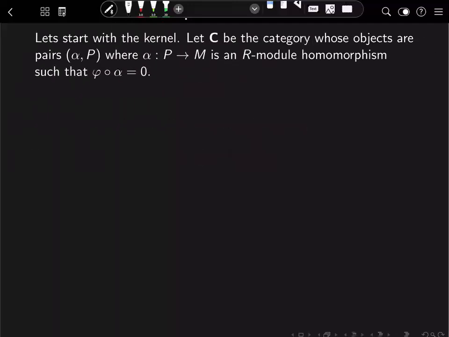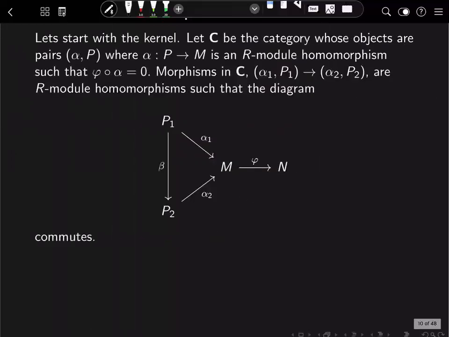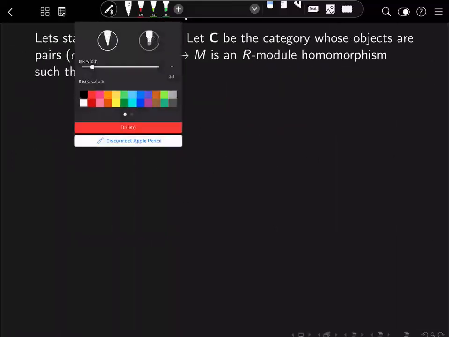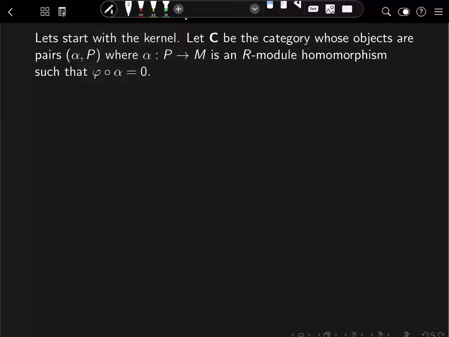We're going to define a category C whose objects are pairs (alpha, P), where alpha maps P into M. This is an R-module homomorphism such that phi composed with alpha is equal to 0. Essentially, we have a category whose objects are pairs.